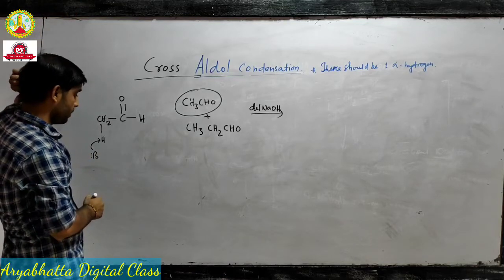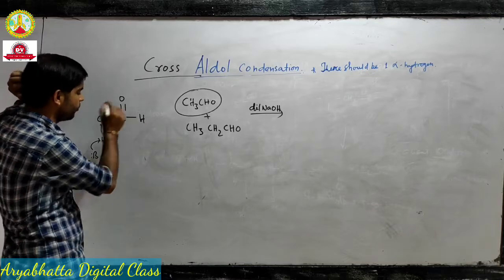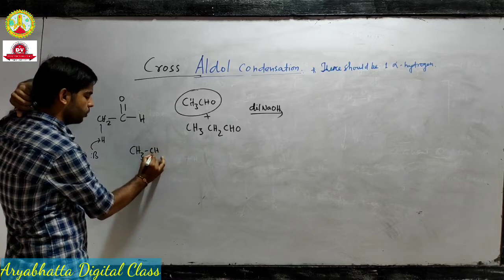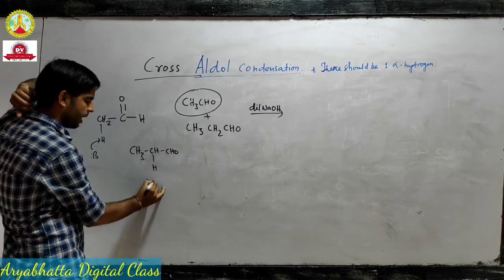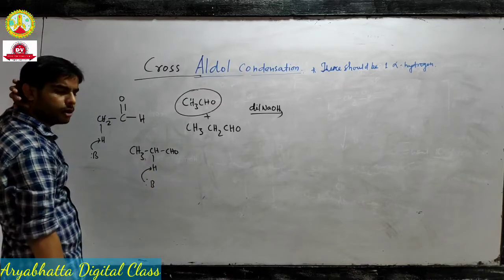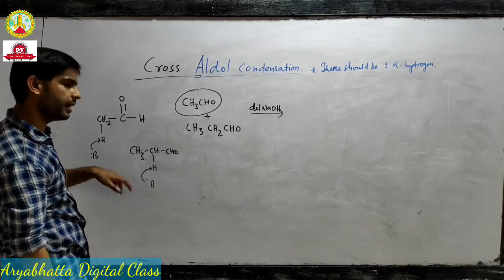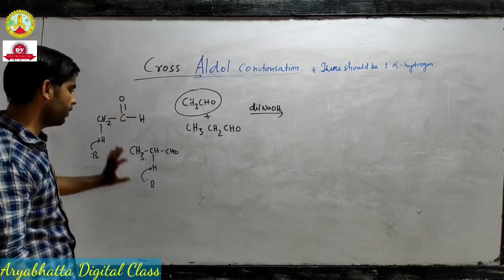Now, the alpha hydrogen that the base is removing, it can remove from ethanol, it can also remove the hydrogen from propanol. From both it can remove the hydrogen. So if it removes hydrogen from this, we will get a different product, and if it removes it from this, then we will get a different product.